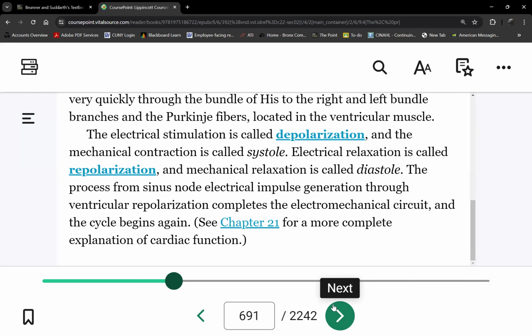When we say depolarize, it will discharge its energy. What makes it do that? Well, the influx of positively and negatively charged electrolytes, specifically potassium, sodium, and calcium, as they enter and leave the cell, change the polarity of a cell.